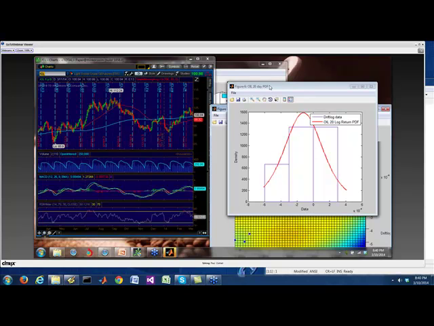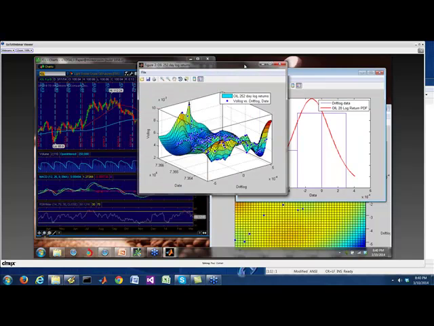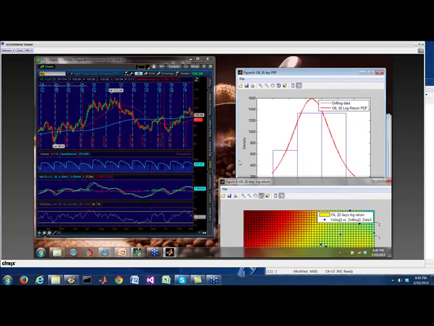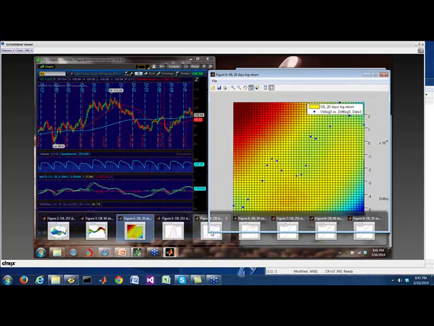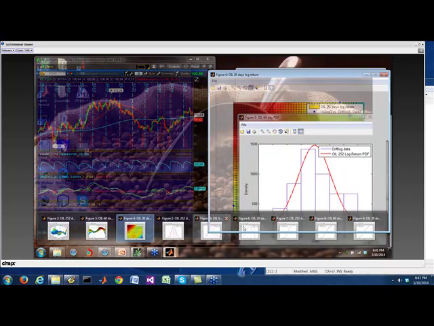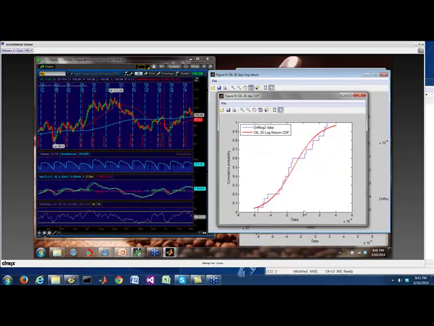Now let's look at the CDF. The CDF is saying that the probability of it being negative is 60% chance, so there's only a 40% chance of a positive drift.